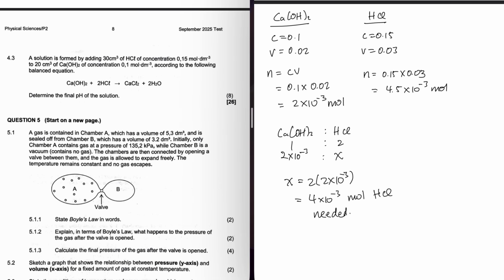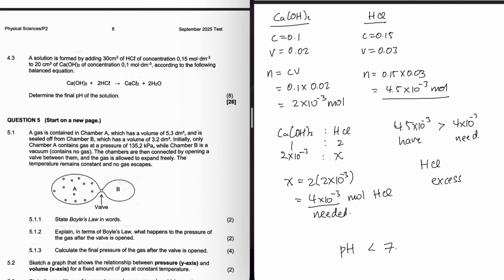Now if you look at this, 4.5 times 10 to the minus 3 is greater than 4 times 10 to the minus 3. So we have more than we need. So that means that HCl is in excess. So because the HCl is in excess, we can then conclude that since it's an acid, the pH at the end is going to be less than 7.